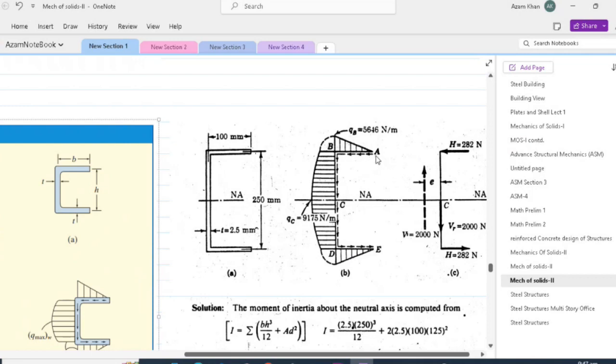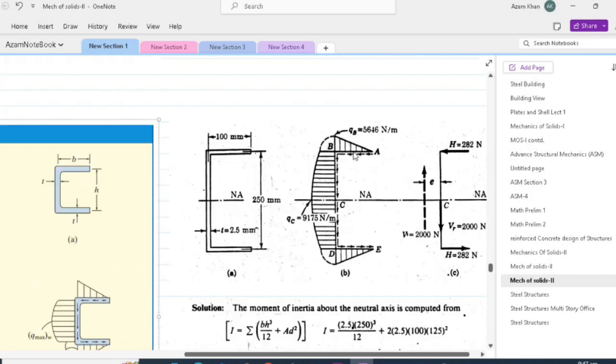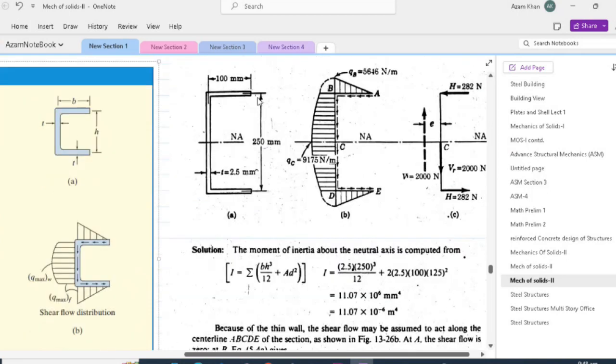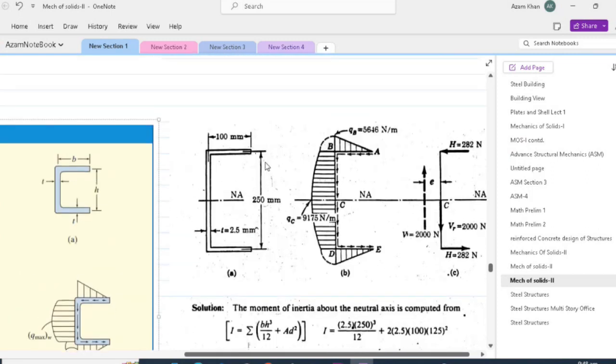Now, the first moment of area of the flange AB would be equal to the area of the flange, which will be 100 millimeter times 2.5 thickness, times the distance between the neutral axis and the center of the flange, which will be 125 millimeter, since the distance between the center of two opposite flanges is 250 millimeter.